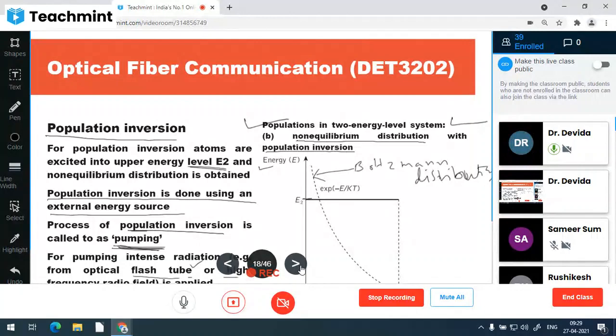So in population inversion, the number of lower energy state or valence state atoms is less, and the number of higher energy state or conduction state atoms is larger. It is achieved with external pumping, and it is possible with any type of energy source. In a laser diode, it is the biasing voltage which achieves the population inversion.